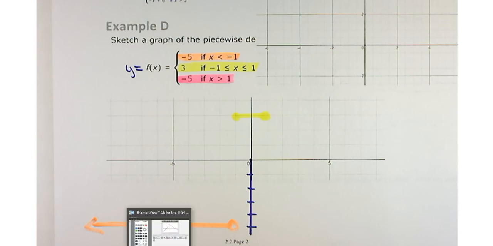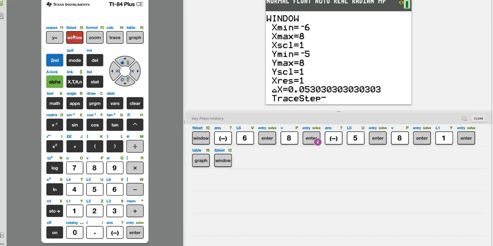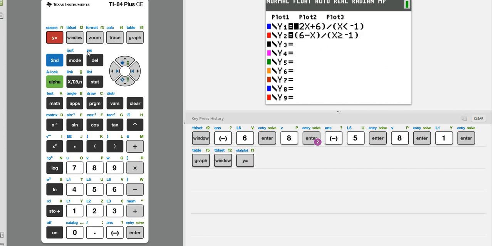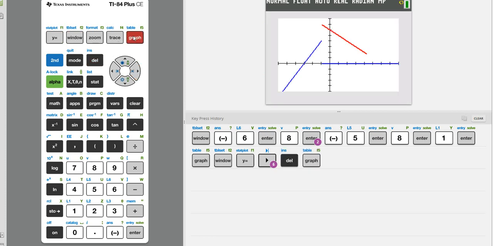Let me go back here. I don't know that the new calculators do it quite as much as the old ones do, but suppose I get rid of this divide by here. If I delete that, notice what happens to the graph. You've got this thing here, and then all of a sudden it's blue on the x-axis.